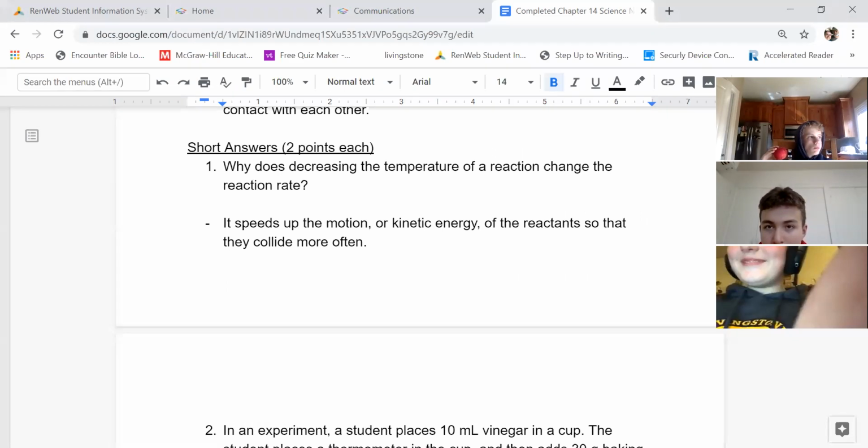Why does decreasing the temperature of a reaction change the reaction rate? And I goofed up here. It doesn't speed it up, it slows down.